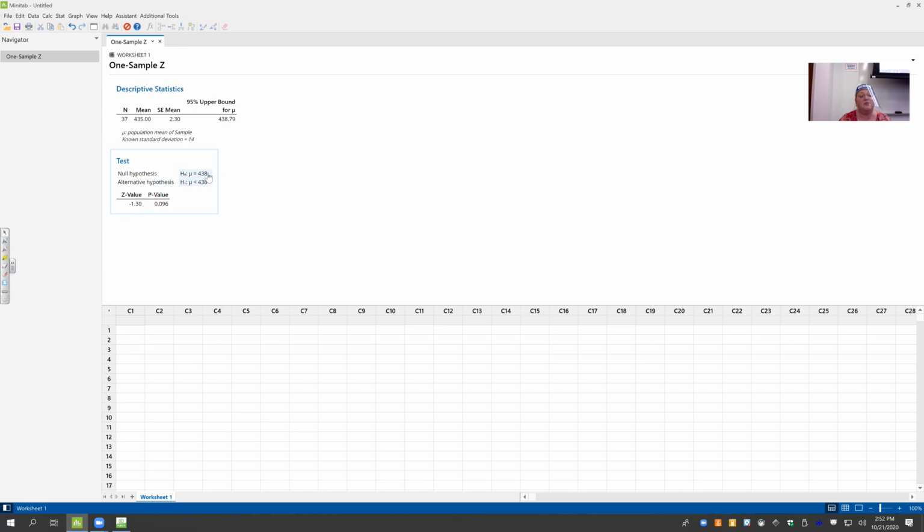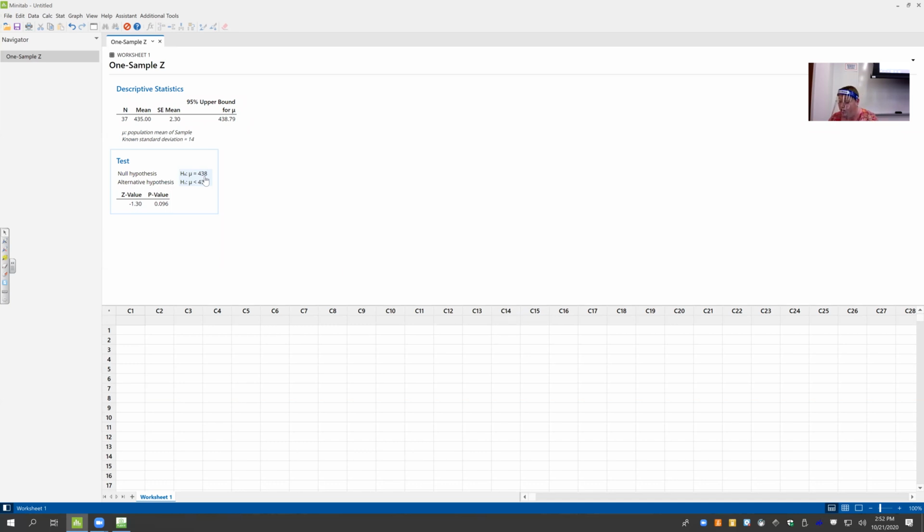Notice here, when Minitab writes its hypothesis, it automatically puts an equal in the null. Some researchers do that instead of thinking about less than or equal or greater than or equal. It's okay. We're doing it our way, but it doesn't affect the calculations.